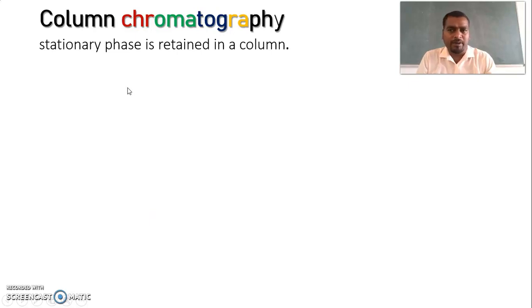So this is a basic form of chromatography in which the stationary phase is retained in the column. In column chromatography, the stationary phase is a solid, so it's a porous material. It allows the passage of material through it.